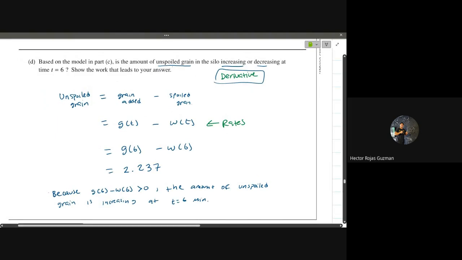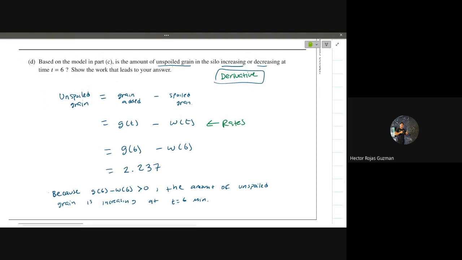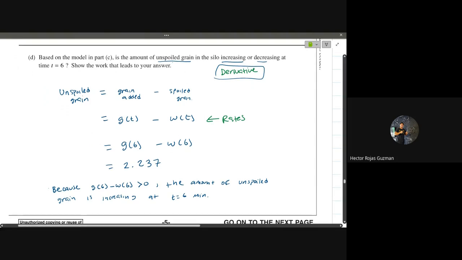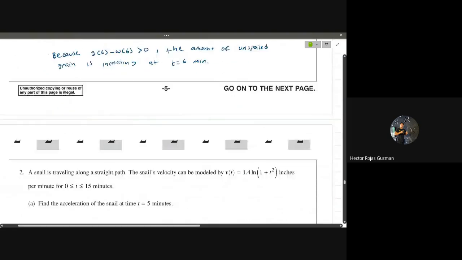You don't even have to subtract them. You can just get the value of G of 6 and W of 6 and just compare the values to check which one is greater. And you're going to come to the same conclusion. We're adding more grain than grain is spoiling. So the amount of unspoiled grain should be increasing.